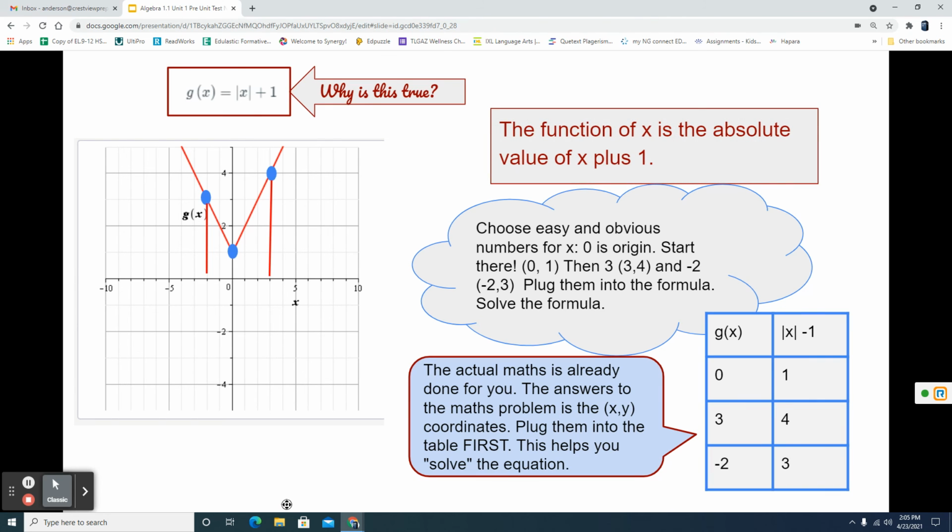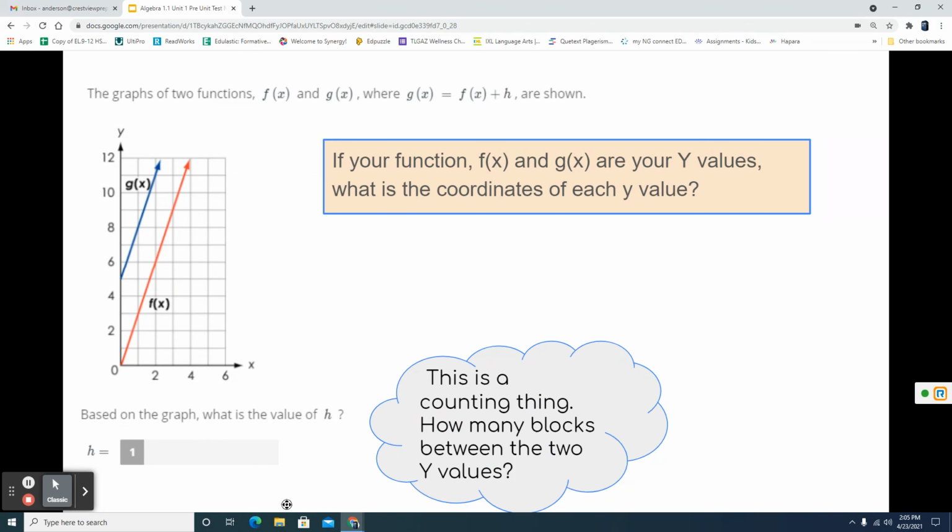The function of x is the absolute value of x plus 1. The math is already done for you. The answers to your math problem are the xy coordinates. Plug them into the table first, and that will help you solve your equation.